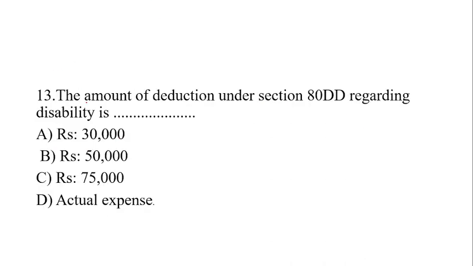Then question number 13, the amount of the deduction under section 80DD regarding disability. So how do we remember this? It's a trick: section 80DD is for a dependent disabled person.